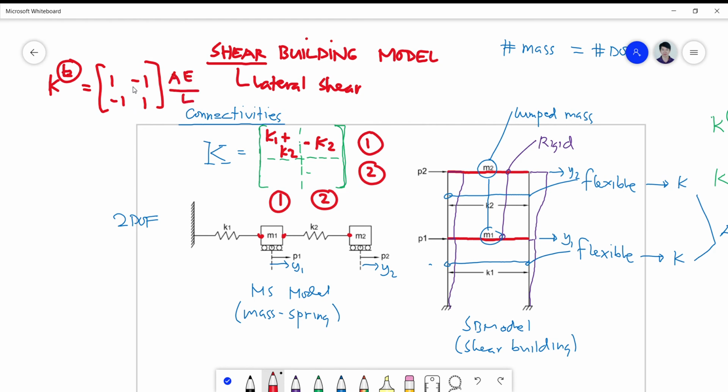So we're not going to use this. But it's a positive, negative, negative, positive. So similar with this, it's a positive, negative, negative, and then connectivity of 2, 2, you only have K2 there. So that's how to do it without really doing a lot of free body diagram, especially for common models like this one.